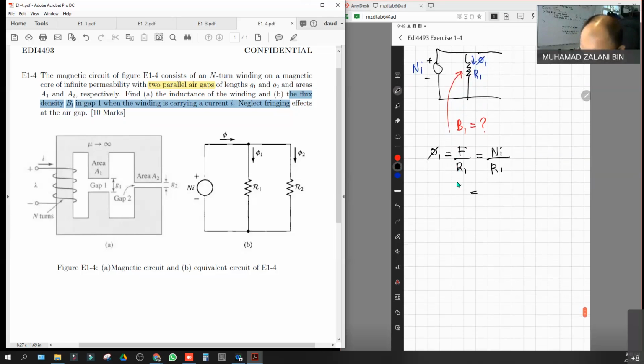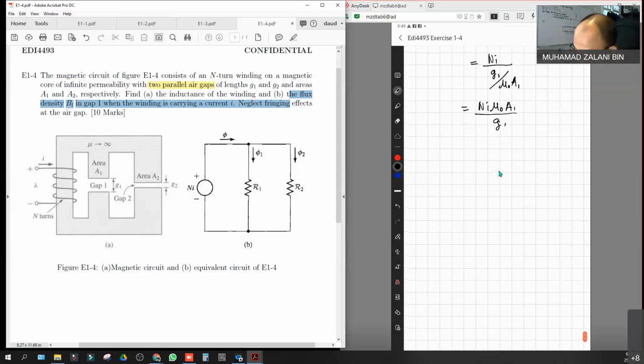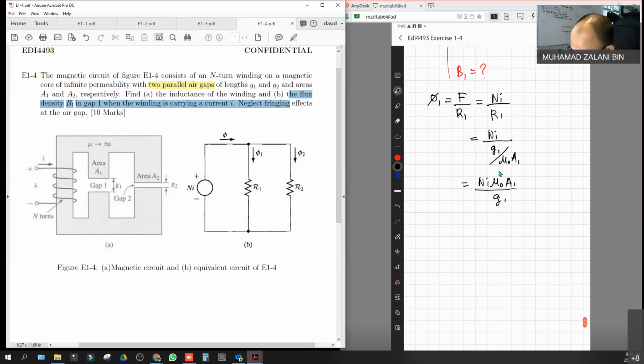And then R1 in terms of G divided by mu naught A. So it becomes N I divided by G1 by mu naught A1. Rearranged, this is Ni mu naught A1 divided by G1. So this is phi.